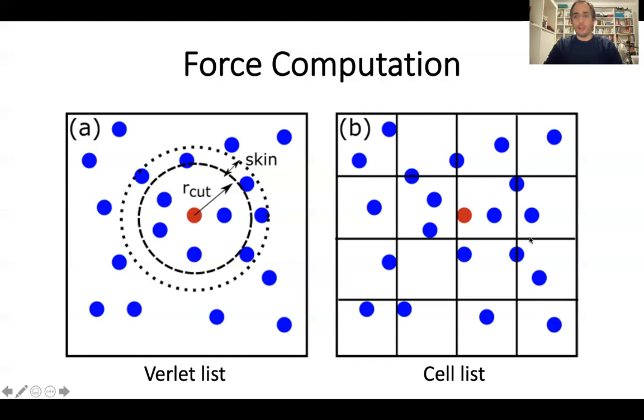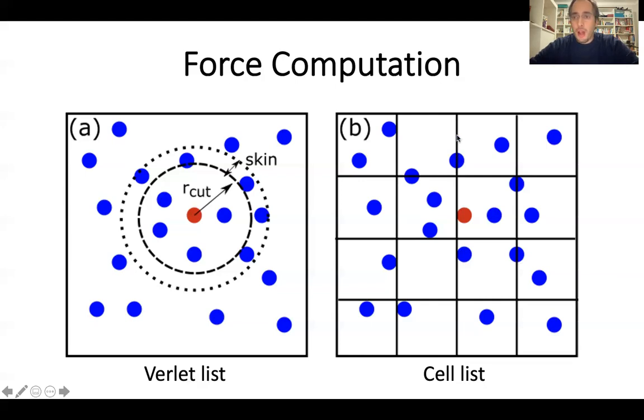You just divide the system into different cells, and you just check the neighbor cells to see if the particles inside those cells are inside the cutoff. So you don't need to check the entire system; you just need to check the neighbor cells. The size of the cells you can change, and it's the same as with the skin. It's also a trade-off.